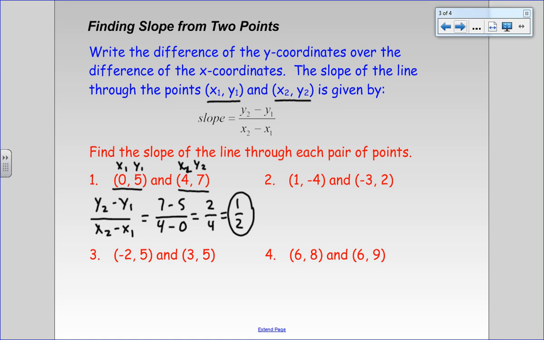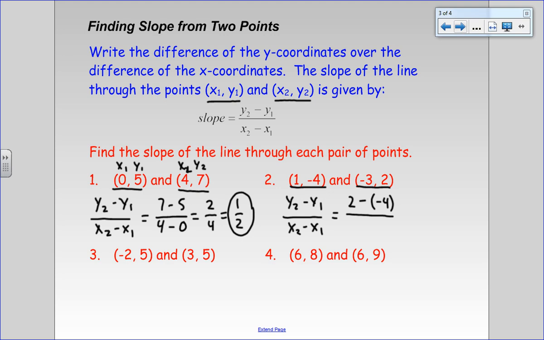Let's look at example number 2. In this case, our points are (1, -4) and (-3, 2). Once again, we'll fill them in the proper locations within our slope equation. In this case, y sub 2 is 2. Then we have minus y sub 1, which is negative 4.